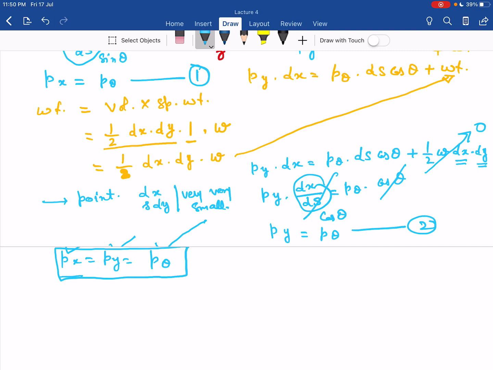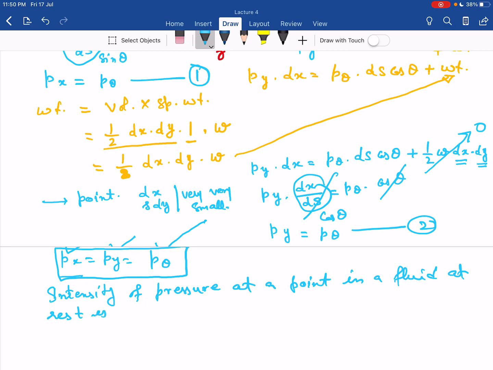So now you can conclude that the intensity of pressure at a point in a fluid at rest is the same in all the directions.